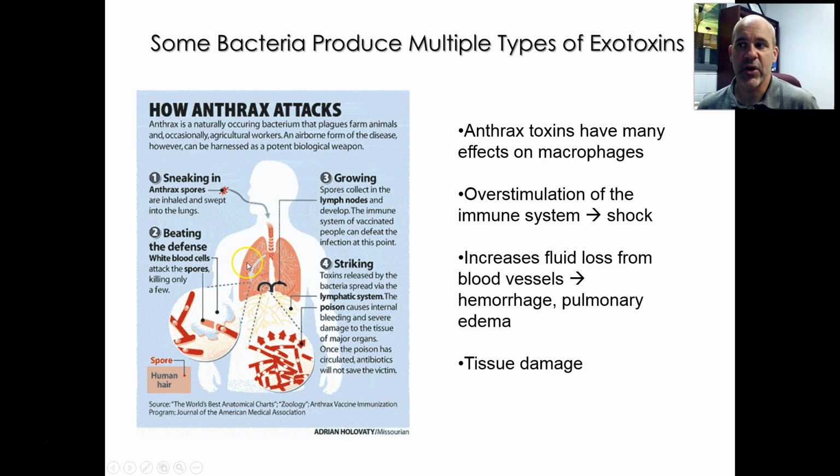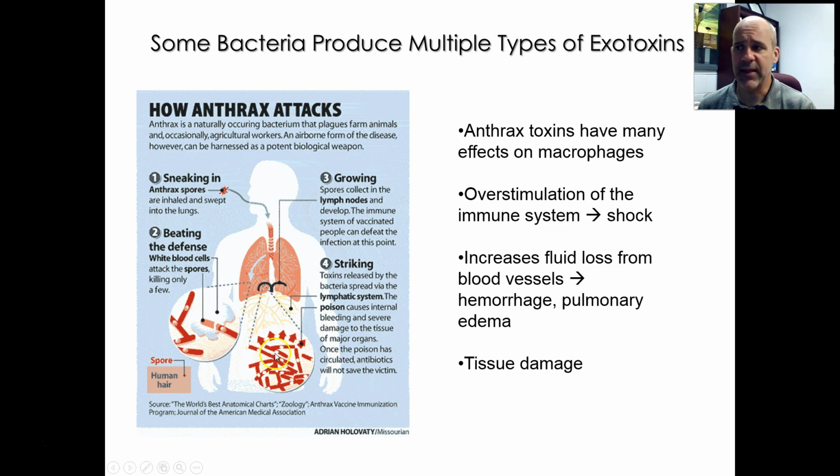And this graphic is showing you that here we go with beating the host defenses like we've been talking about. Your white blood cells will try to attack those spores, but they're not successful at really killing the anthrax bacteria that germinate from those spores.